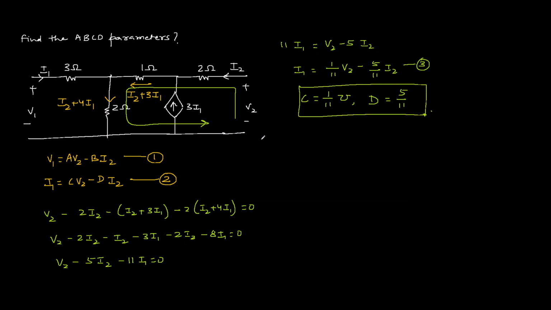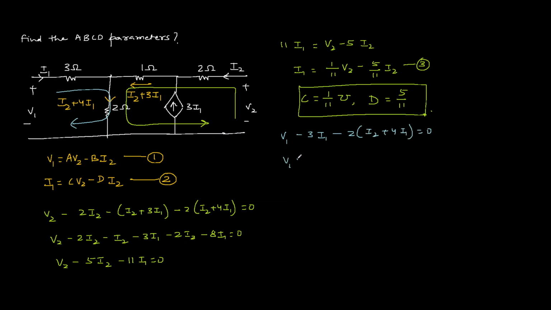Now we have to write another equation in the form of equation 1. So let us apply KVL in this loop. So minus to plus, rise in voltage V1 and then drop across 3 ohm resistance 3I1, then drop across 2 ohm resistance 2 into (I2 plus 4I1).